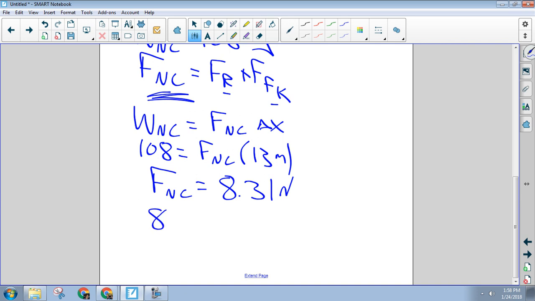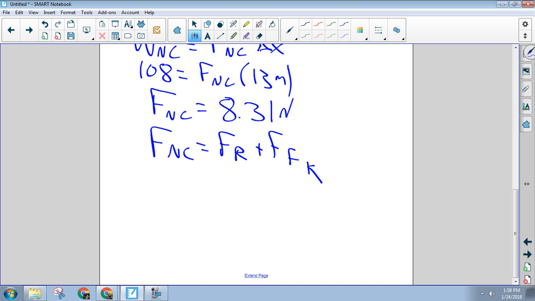Oh, but I know Roy's force. So here, let me write it out again. This is probably redundant, but this is this plus this, right? So that means my total force is 8.31. Roy's force is 143 plus the force of friction.